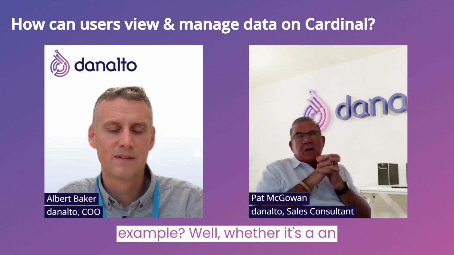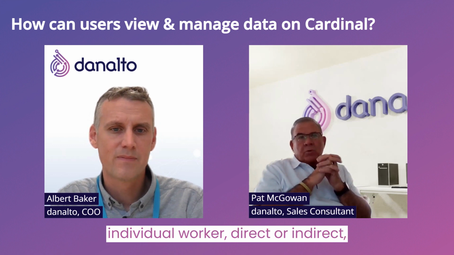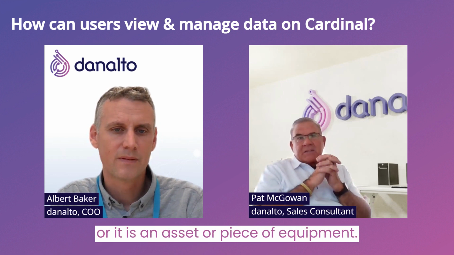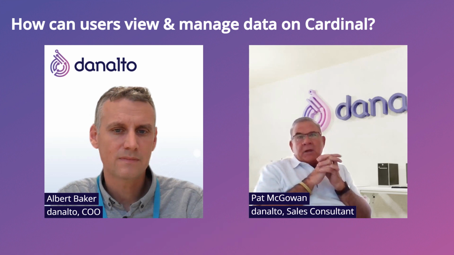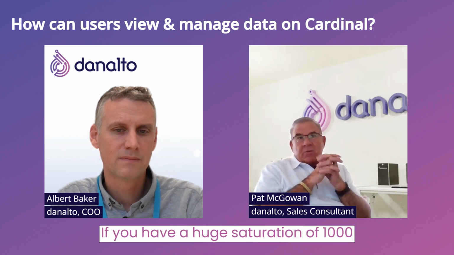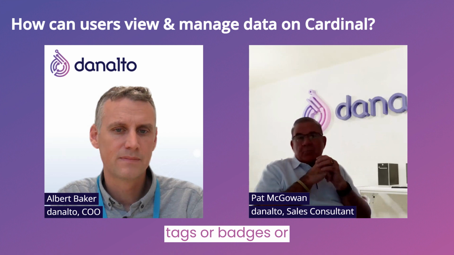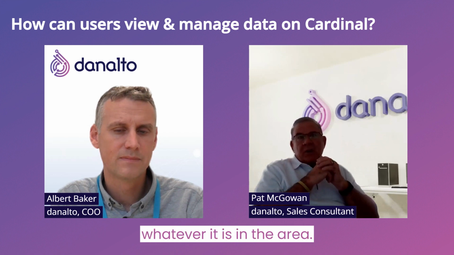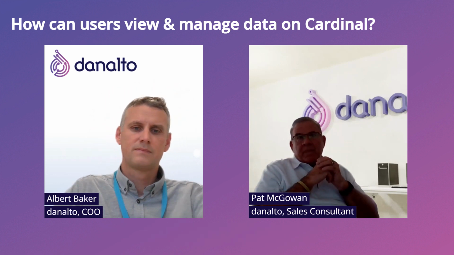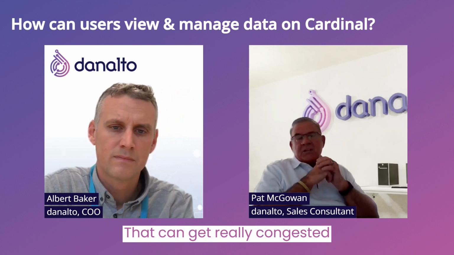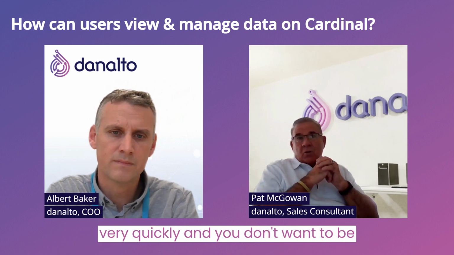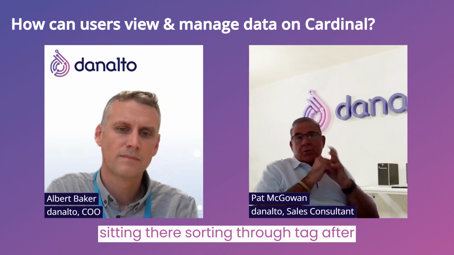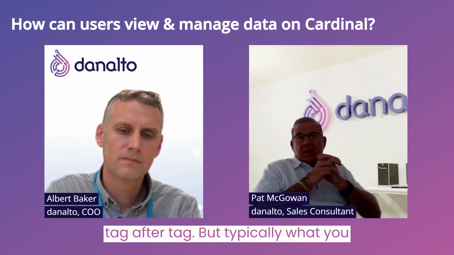Well, whether it's an individual worker, direct or indirect, or an asset or a piece of equipment, if you have a huge saturation of 1,000 tags or badges or whatever it is in the area, that can get really congested very quickly. And you don't want to be sitting there sorting through tag after tag after tag.